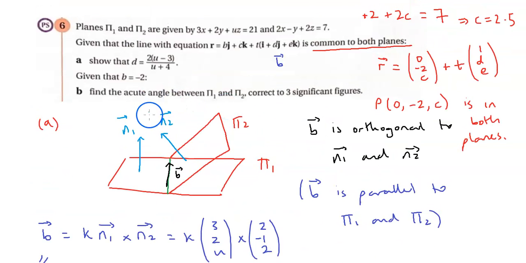To find the angle between our two planes, all we have to do is find the acute angle between our two normal vectors.